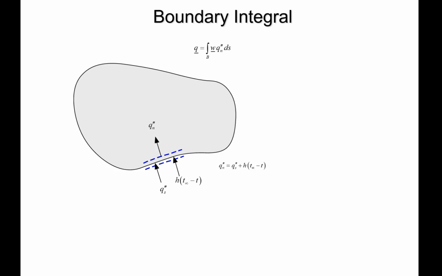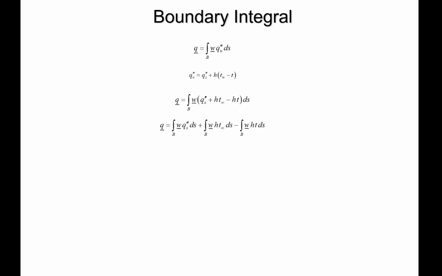So here we've added up Q sub S and then H times T infinity minus T, and that's the total normal heat flux.